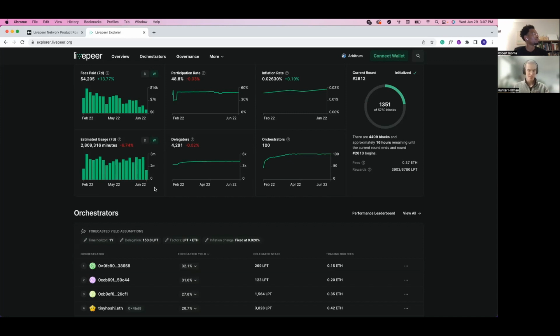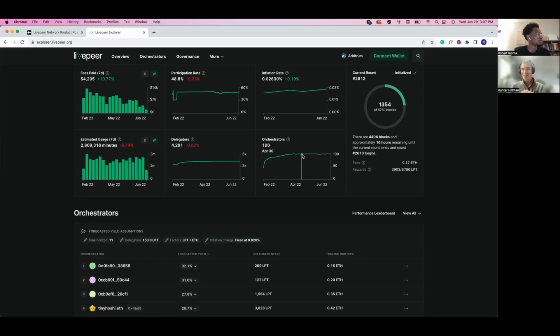And so this is an estimate of how that sort of usage, which is what the orchestrators are actually paid fees for, can translate into minutes. Delegators, pretty straightforward. It's the number of delegators over time. You may see some small fluctuations here, and it looks like over the last few months, we've seen a pretty consistent and steady increase here.